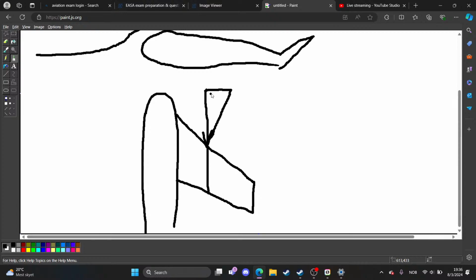I think we got a right angle here. I think they're talking about this angle. Oh, what is this? Hold on. Sine equals opposite over hypotenuse.